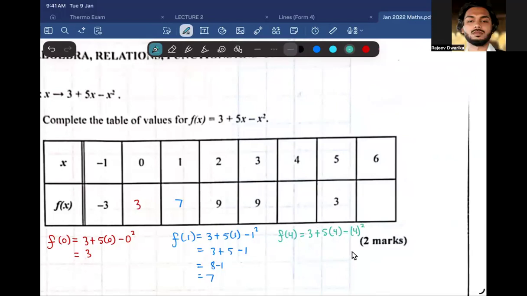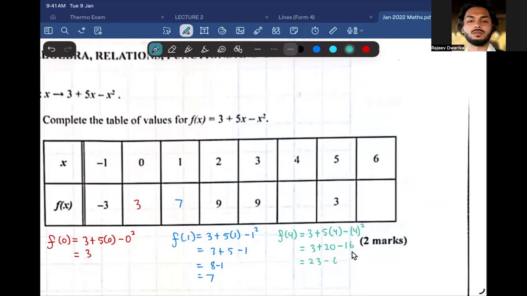All right, what is 5 by 4? 5 fours are 20. Minus 16. Right, minus 16. All right, what's 3 plus 20? 23.